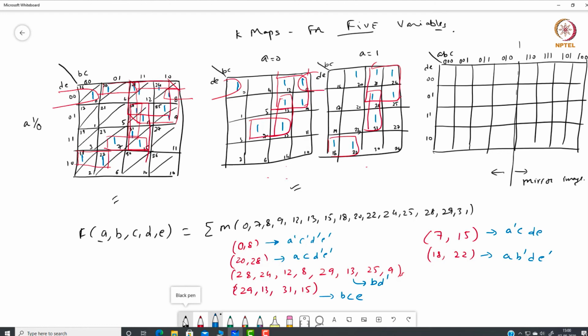Now I need to see what the essential prime implicants are: the min terms which are covered by only one prime implicant. 0 is covered only by this prime implicant. 18 and 22, that means this is covered only by this prime implicant, so this also becomes essential. 22 could be covered by 2 actually, so 22 could be either this or this.